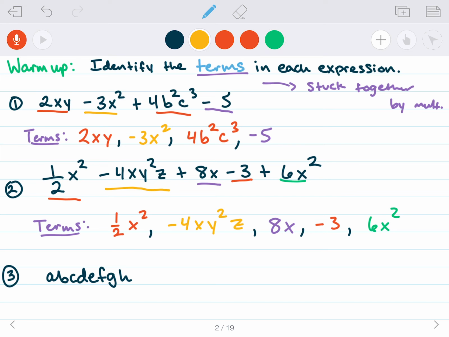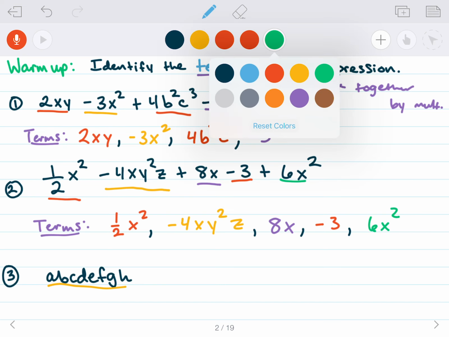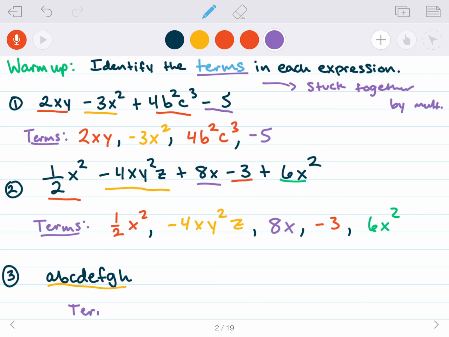All right, what about this one? So everything's multiplied because there's no plus or minus between any of the letters. So we just have one term. It looks like you just slammed your head on the keyboard or something.